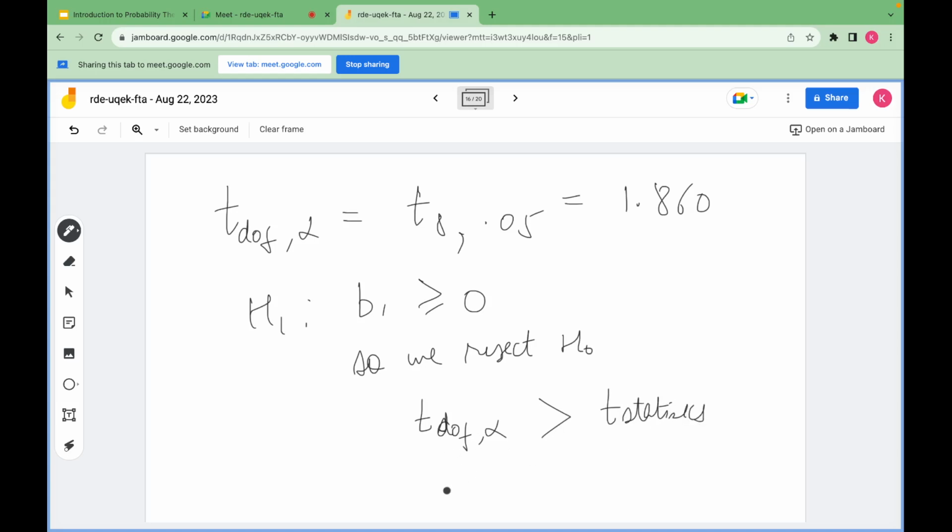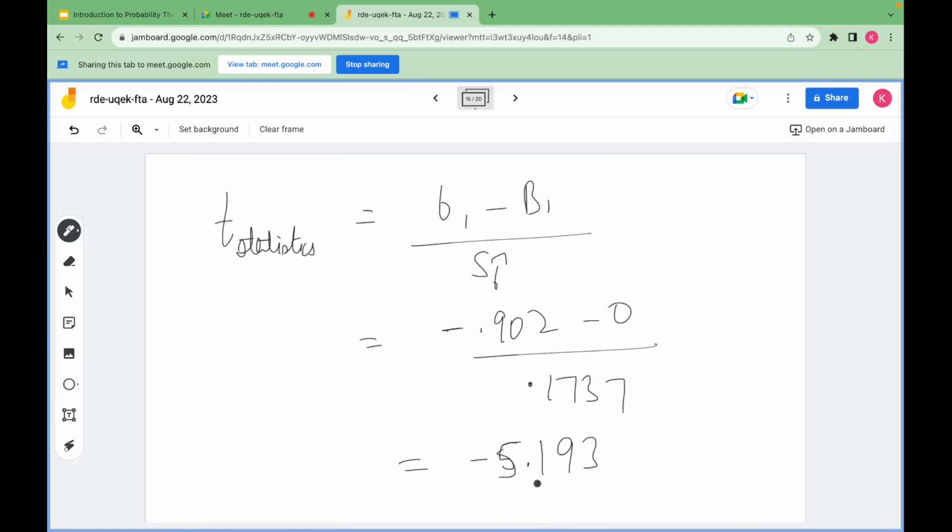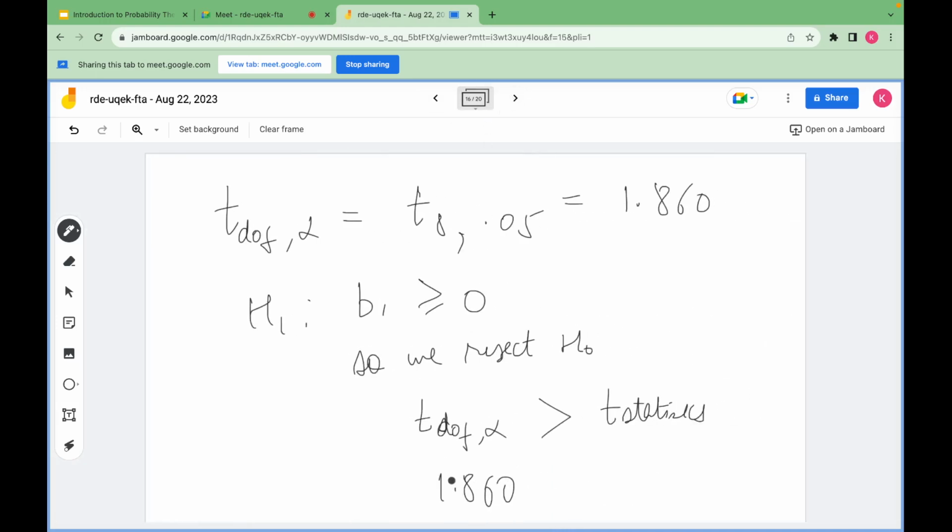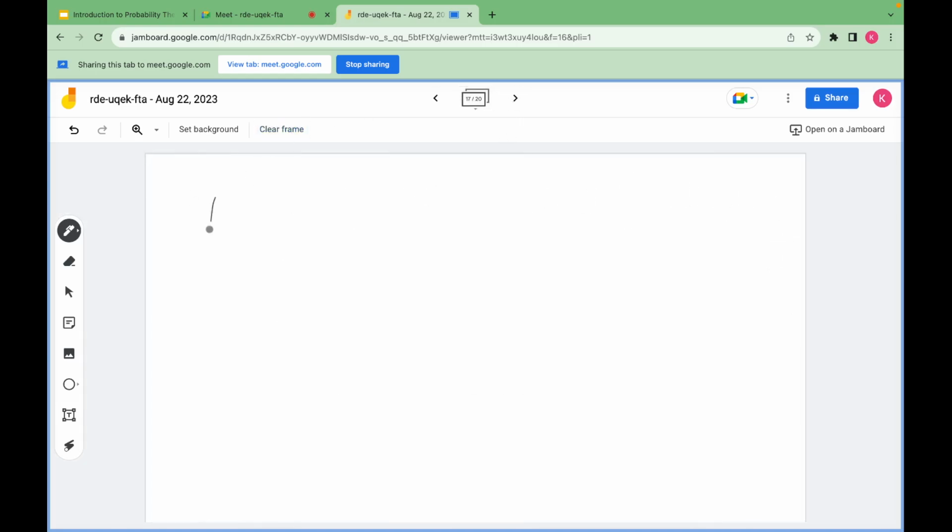So this T value is 1.860 and the T statistic was minus 5.193. So actually this is greater than the T statistic. That's why we reject H0.